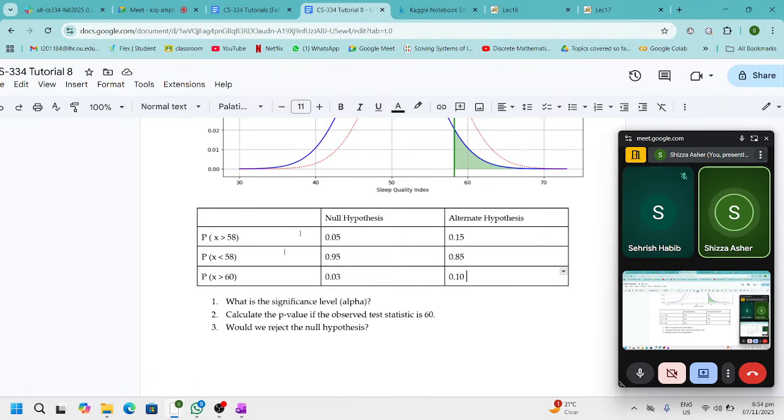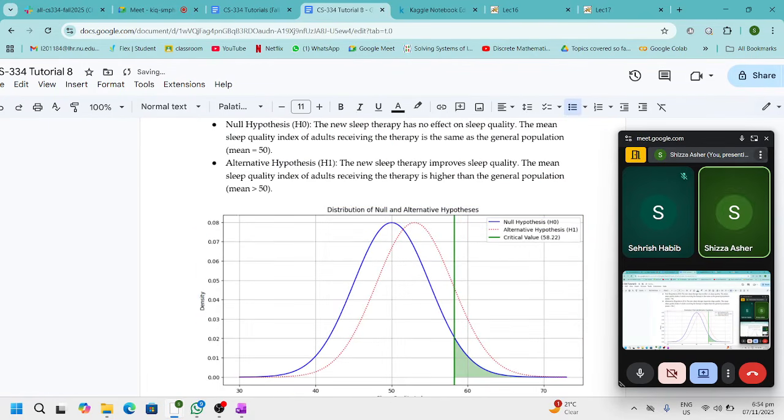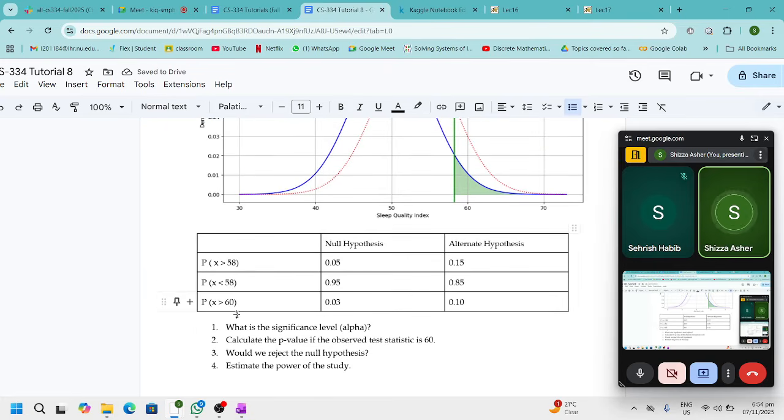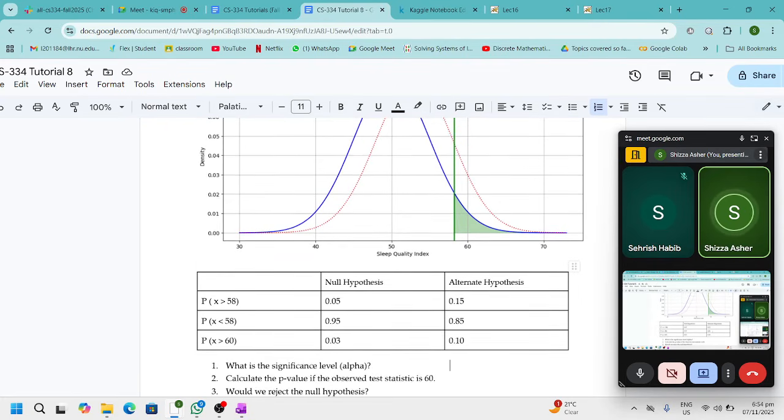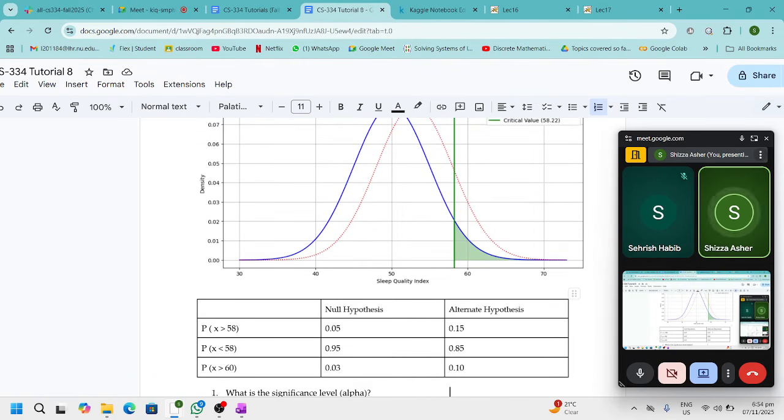So the first question is, what is, oh, hold on. One of our questions got lost. What is the significance level alpha? I want you guys to pause over here and think for a few seconds. How will you determine this?